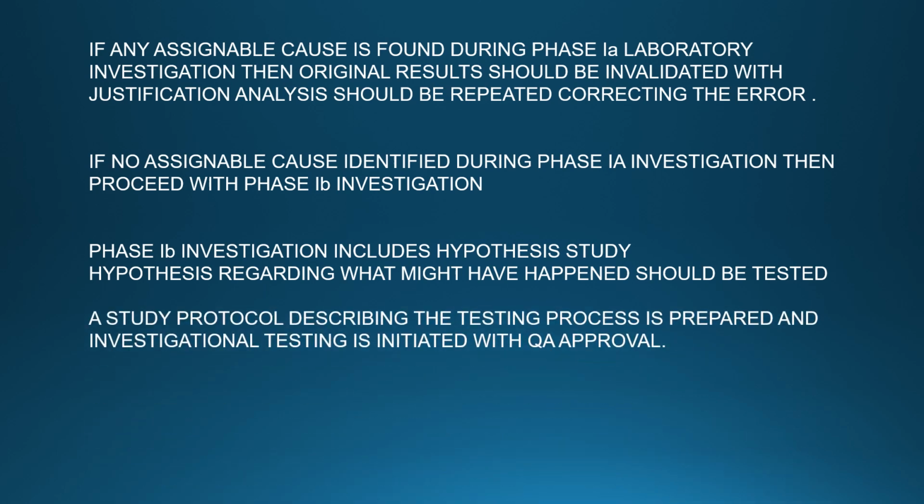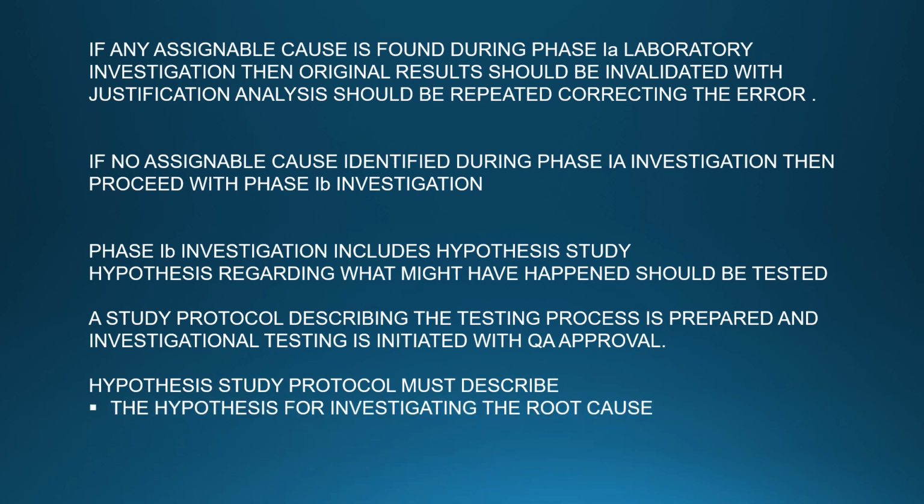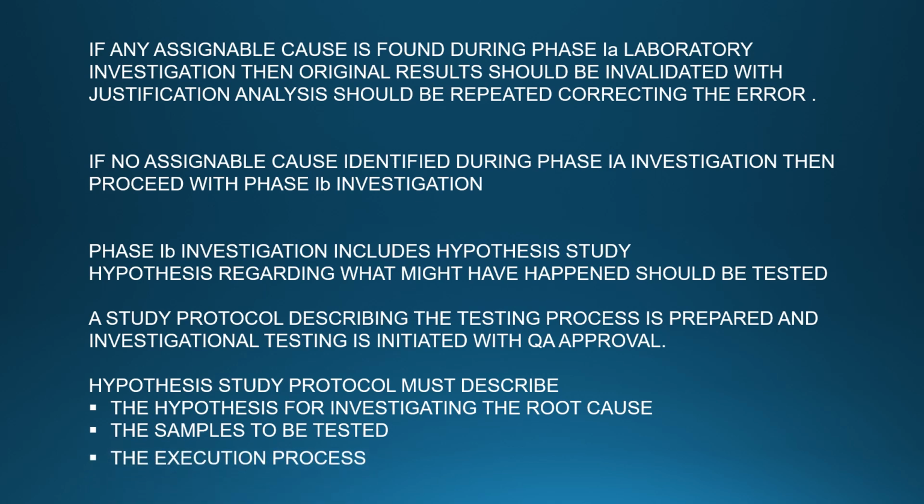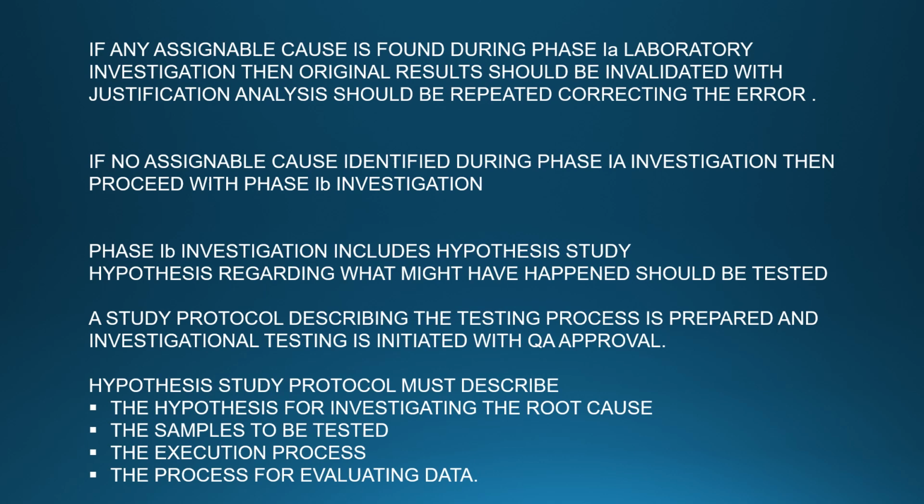A study protocol describing the testing process is prepared and investigational testing is initiated with QA approval. The hypothesis study protocol must describe the hypothesis for investigating the root cause, samples to be tested, execution process, and process for evaluating data.